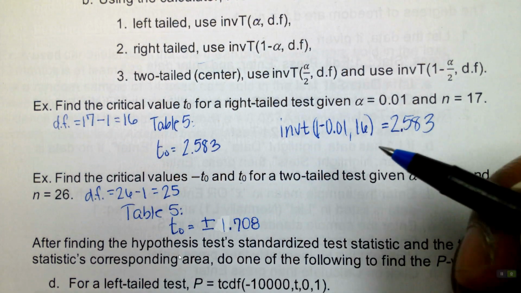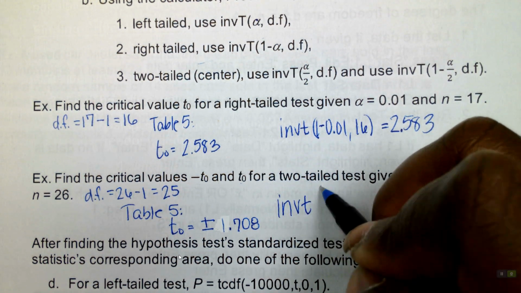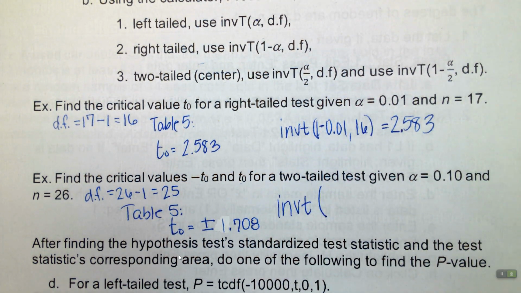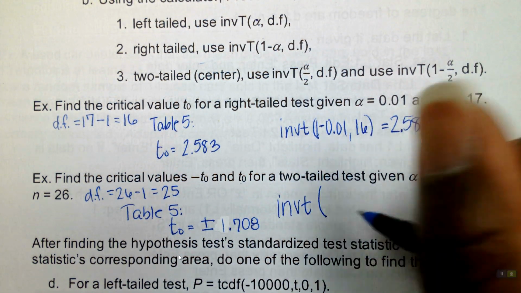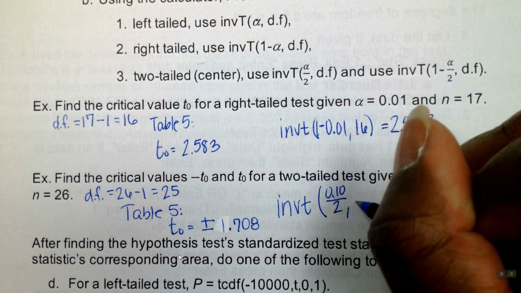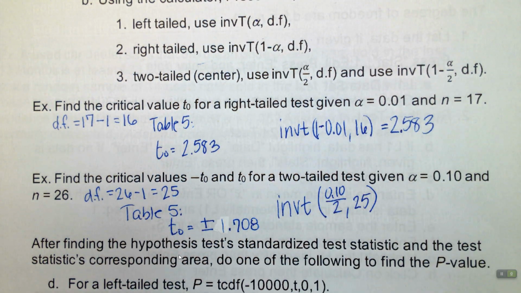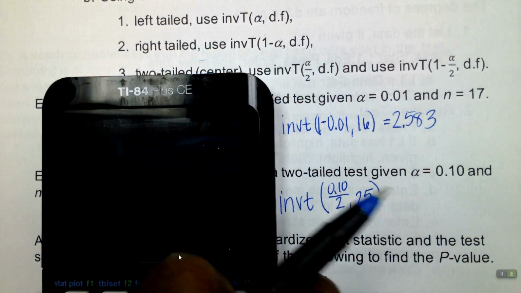Okay, so in the calculator, you're supposed to find a left and a right, but if you find the left, then you're going to automatically find the right. Remember, 2-tail means I have to divide this by 2. The chart divides it by 2 already for you, but in the calculator, you have to divide it by 2 yourself.